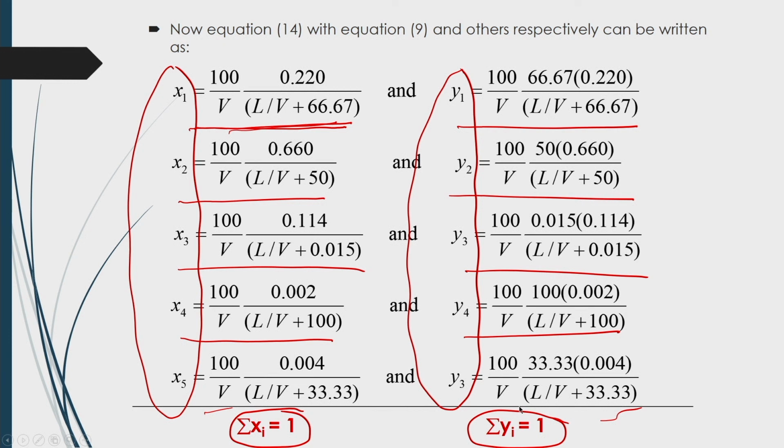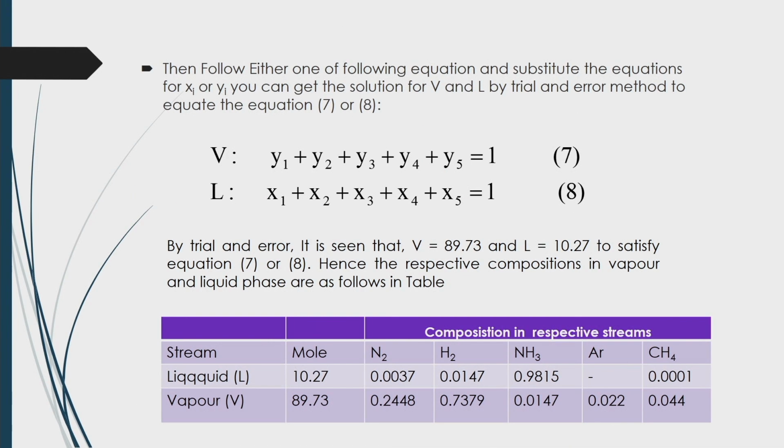So, either one you can consider at a particular vapor amount and liquid amount, then that ratio of liquid and vapor will give you the summation of xi equal to 1, or the summation of yi equal to 1. So, at a particular vapor and liquid amount, the summation of yi and the summation of xi will be equal to 1.